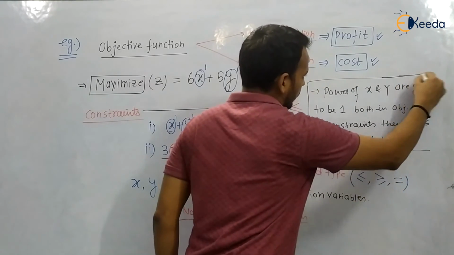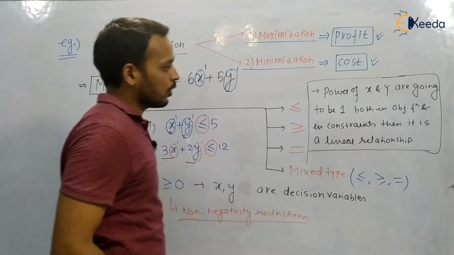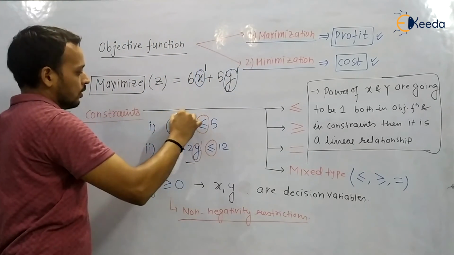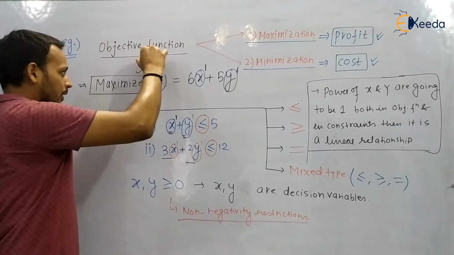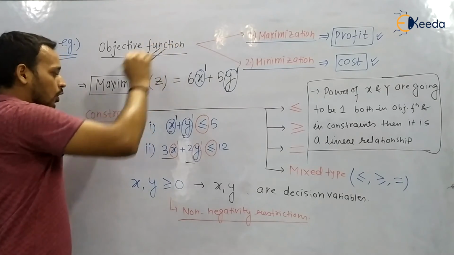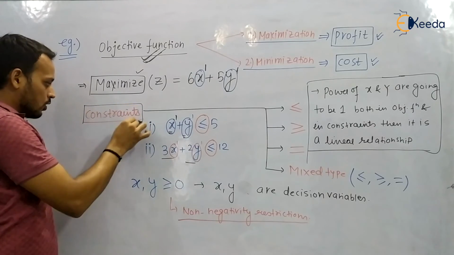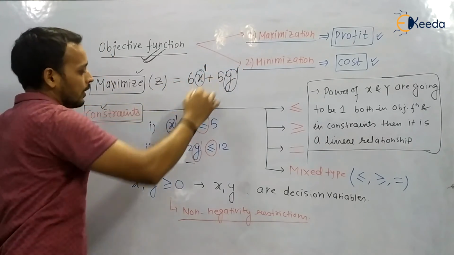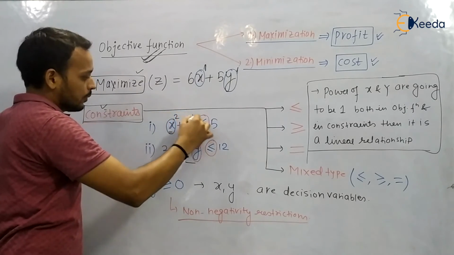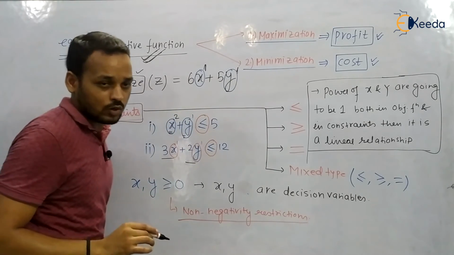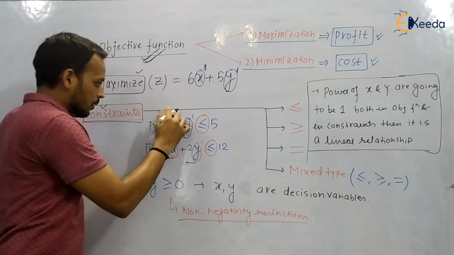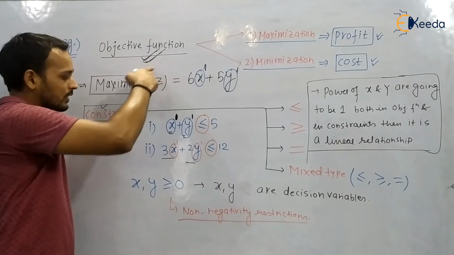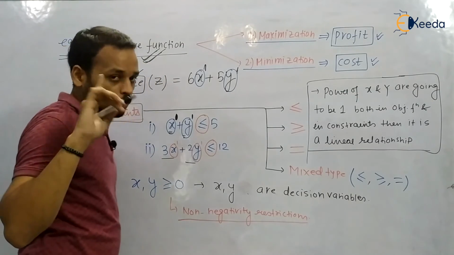When the power of x and y is 1, in both the objective function and the constraints, it should be in both. It is not like here it is power 1 and there you are doing x squared plus y less than or equal to 5. The power of x and y in both the objective function and the constraints should be 1.